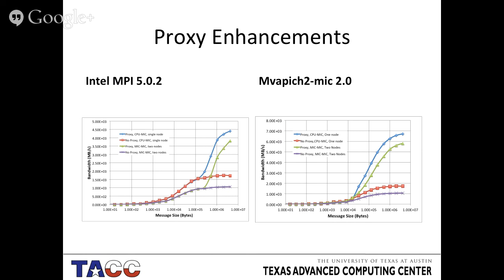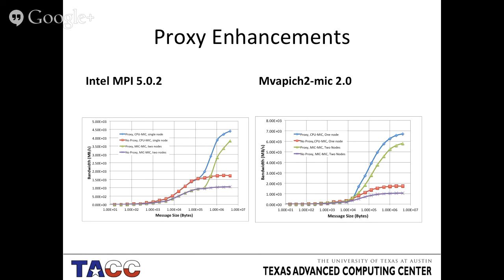It's a little bit more on node for Intel MPI, it goes to 1.5, but it's still a very poor performance. However, once you engage the proxy, you can get up to 4 gigabytes per second across mics, across remote mics, or almost 4.5 if you're doing mic to remote host.